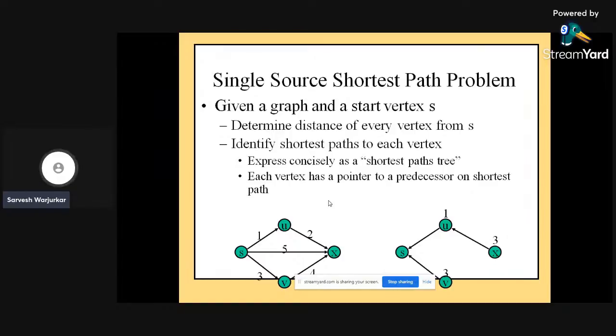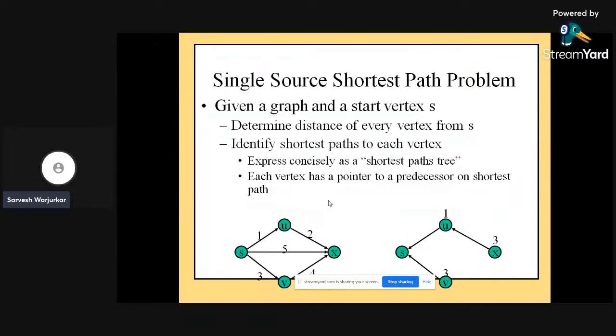Since it is a directed graph, there are four different nodes from s to x, in which we are able to find the shortest path to reach from the source to the destination, say x.